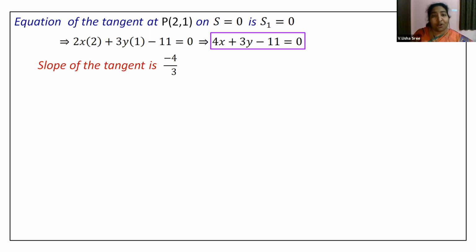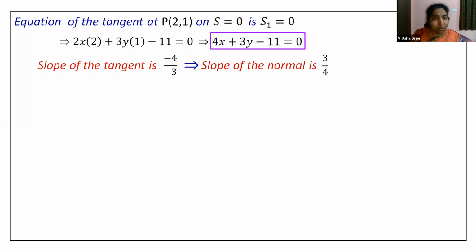Then the second slope, which is unknown to us, will be calculated by taking minus 1 by m1, isn't it? That is what we have seen in straight lines. So when the slope of the tangent is minus 4 by 3, then minus 1 by minus 4 by 3 gives you the slope of the normal. Therefore, the slope of the normal is equal to 3 by 4.